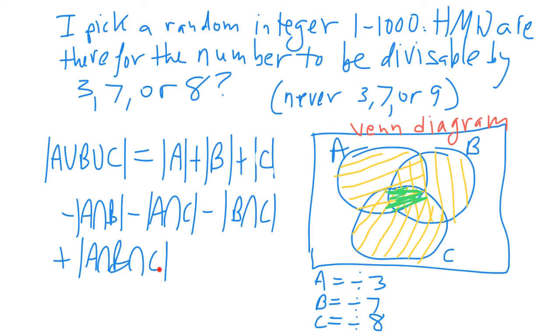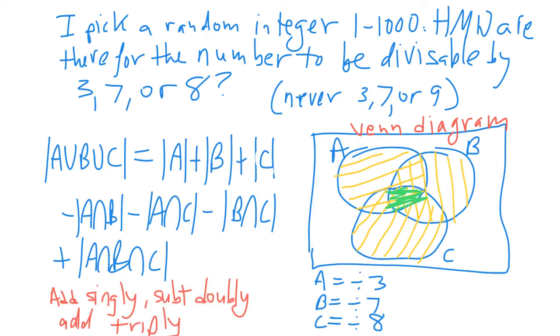So for that reason I need to add it back in again so it's counted at least once, and that would be the region that's in A and B and C. Sometimes I might say in this formula we add singly, in other words A, B, C, single letters, subtract doubly, 2 letters, and add triply, all 3 letters together. It's a way of remembering this formula.